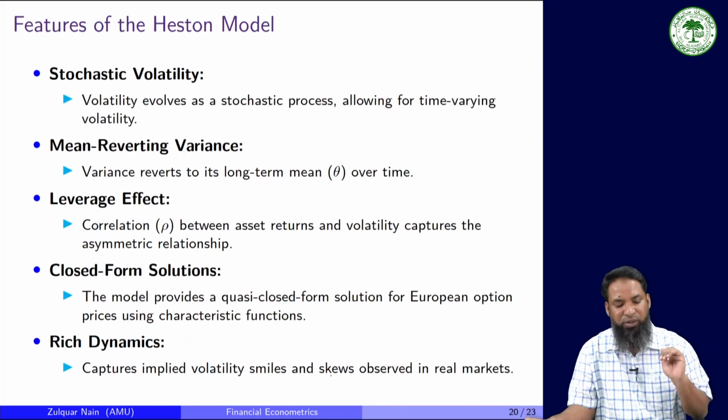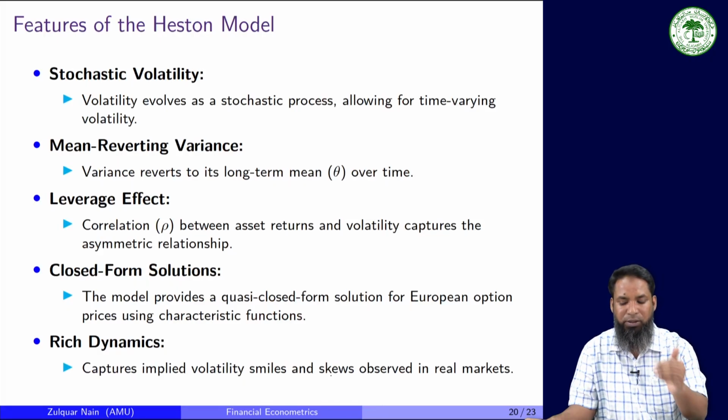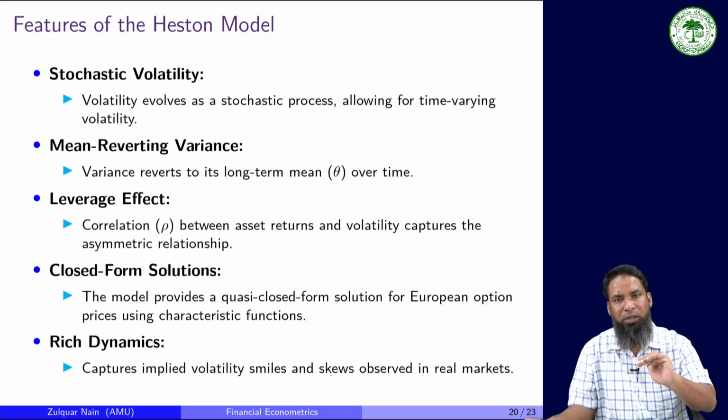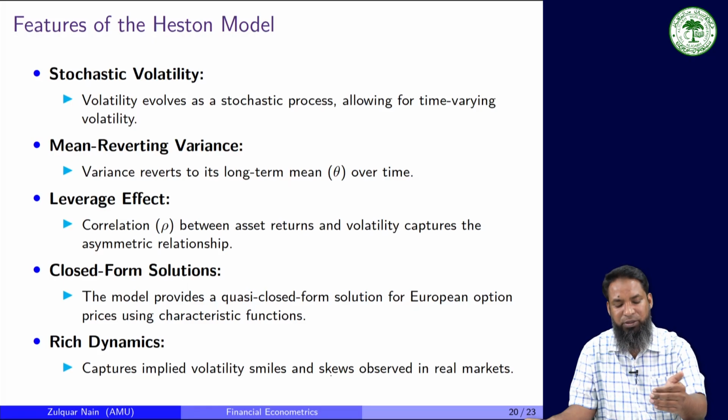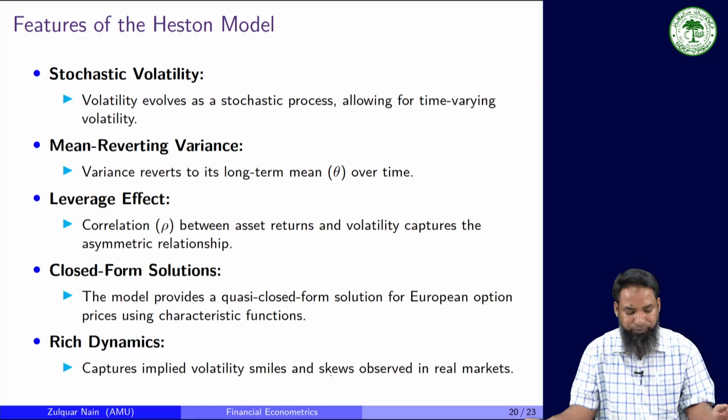What are the features we have? One, it assumes the volatility is stochastic rather than deterministic, against the assumption of GARCH, where volatility follows a deterministic process. Second, it has mean reverting variance.